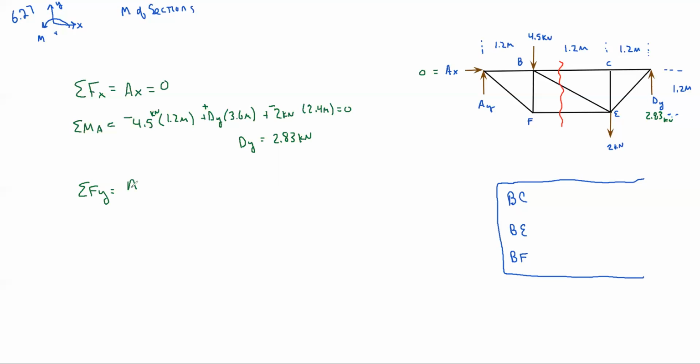So AY minus 4.5 kilonewtons plus 2.83 kilonewtons minus 2 kilonewtons is equal to 0.